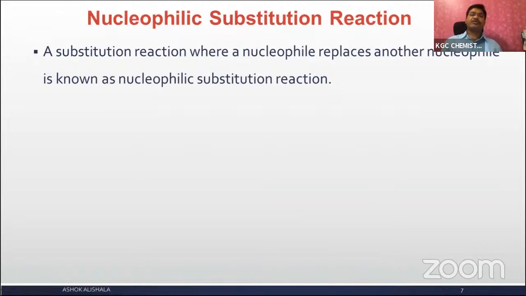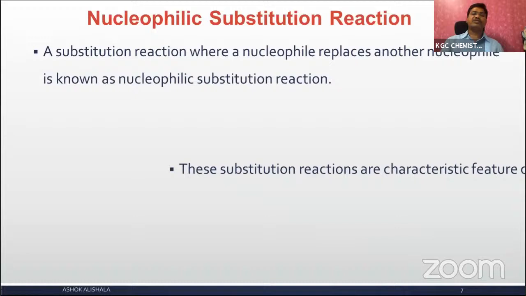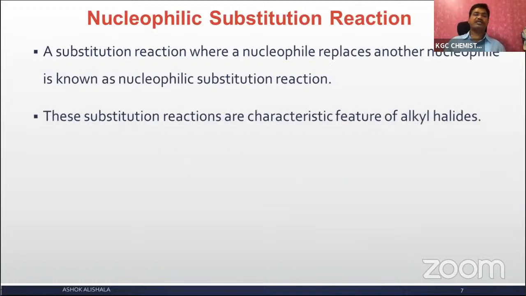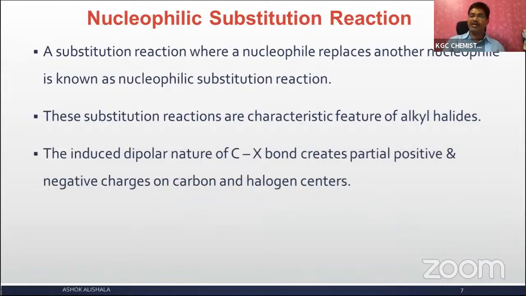See, a substitution reaction where a nucleophile replaces another nucleophile is known as nucleophilic substitution reaction. These substitution reactions are characteristic features of alkyl halides, due to the induced dipolar nature of the carbon halogen bond. Just now I told you, the halogen is more electronegative than carbon. Therefore, the carbon halogen bond is polar in nature.